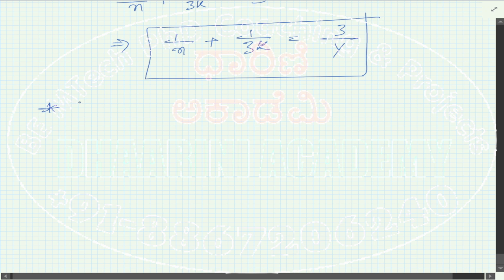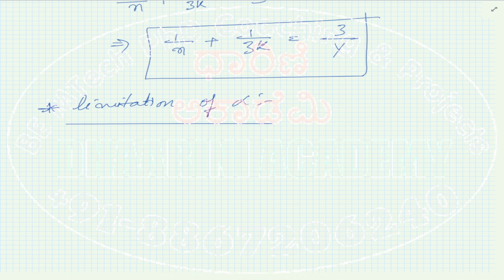This is called the limitation of alpha values. So we know that the elastic moduli, whatever you take, whether it is y or n or k, any one you take, has to be positive, right?